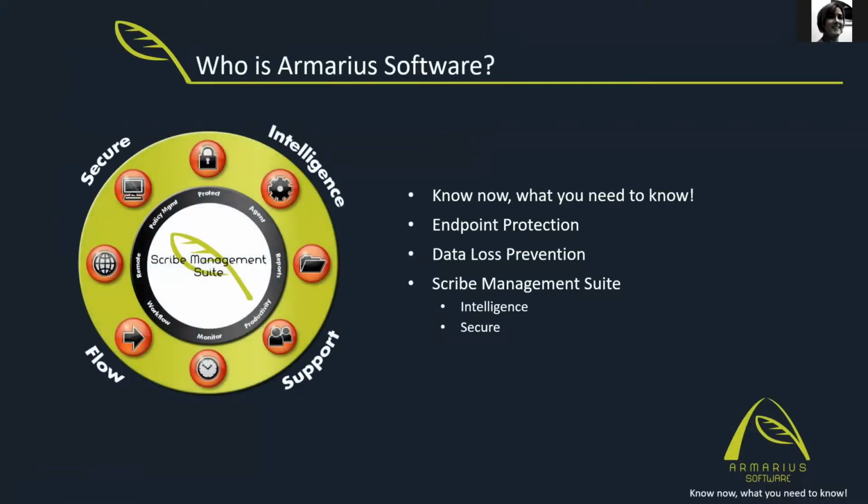We are also joined by Brian Bergland. He's the founder and CEO of Armarius Software. Brian has over 20 years of IT-related experience and a proven track record for delivering software solutions for managed service providers from Fortune 500 to SMB companies.